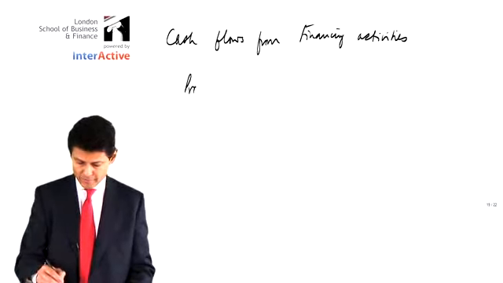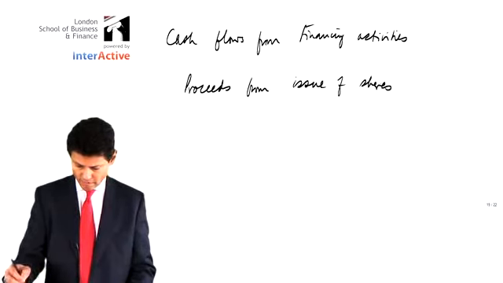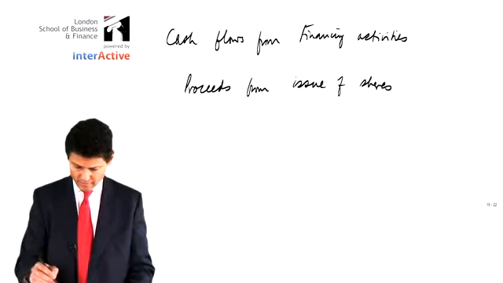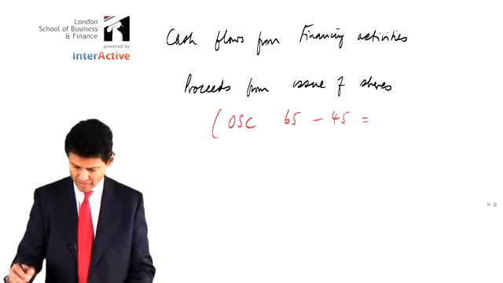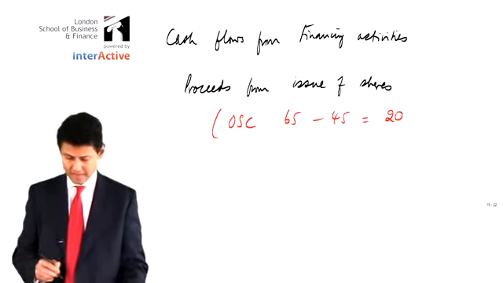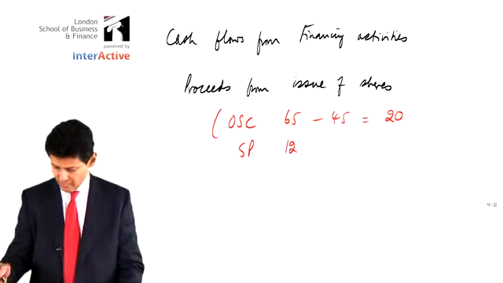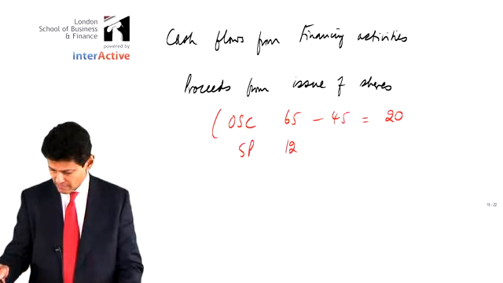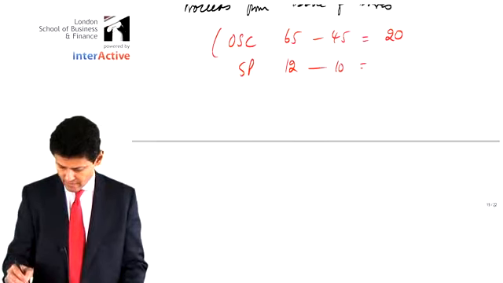So let's have proceeds from issue of shares. Now be careful. The ordinary share capital is 65 minus 45. I'm going to call that 20 new shares. The share premium, SP, we've come across that in recent sessions quite a bit, is 12 minus 10, and so that's 2.